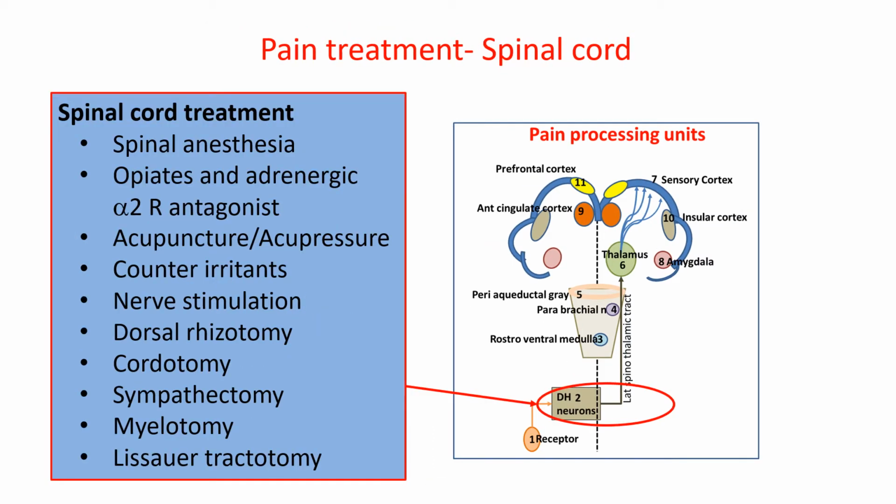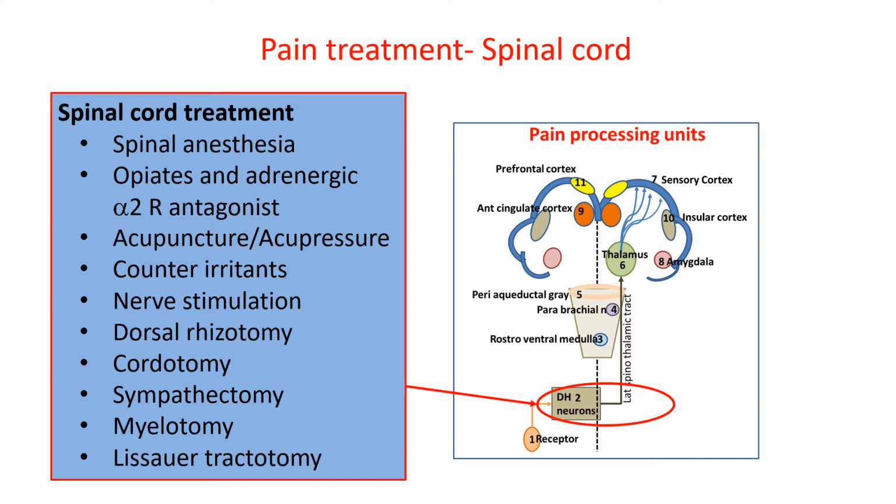In the spinal cord, there are spinal anesthesia, epidural anesthesia, or subdural anesthesia. As you try to understand, they are utilizing different planes in the spinal cord, different areas or different layers of the spinal coverings.